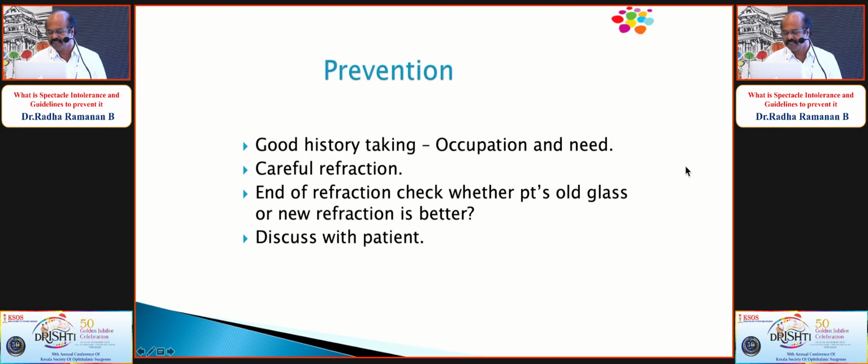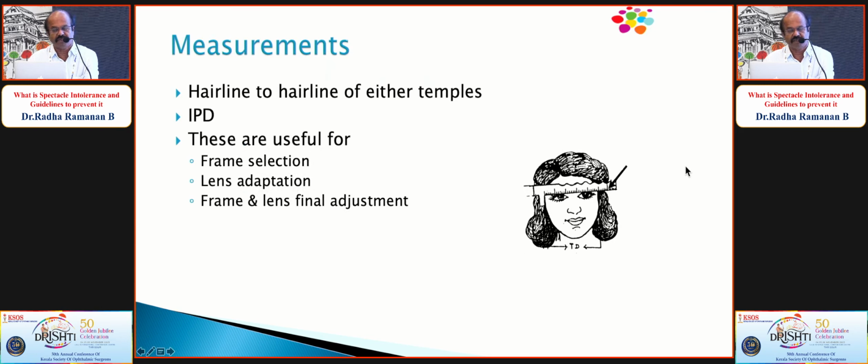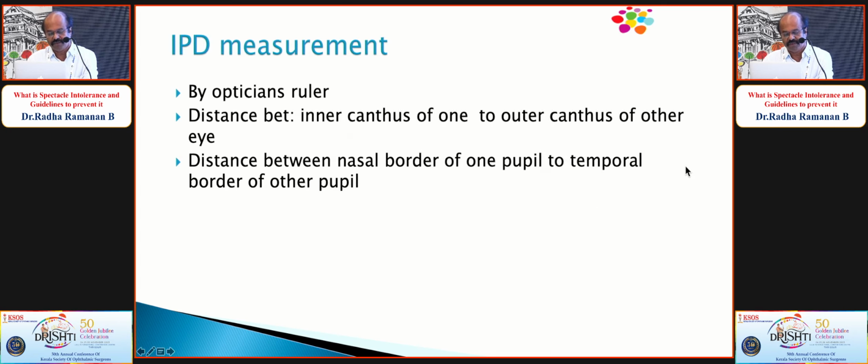At the end of the refraction, check with the patient's old glass. Whether you are doing it or your refractionist is doing it, do discuss with the patient what he wants. Don't prescribe it straight away. Measurements are very, very important. You can take the IPD, and you can select the frames also, which is very important.